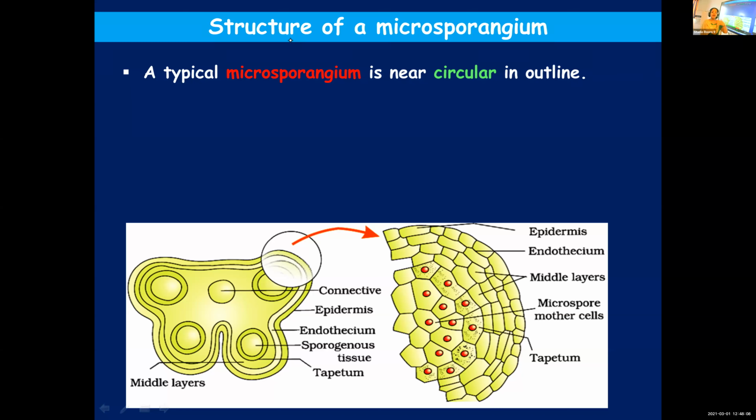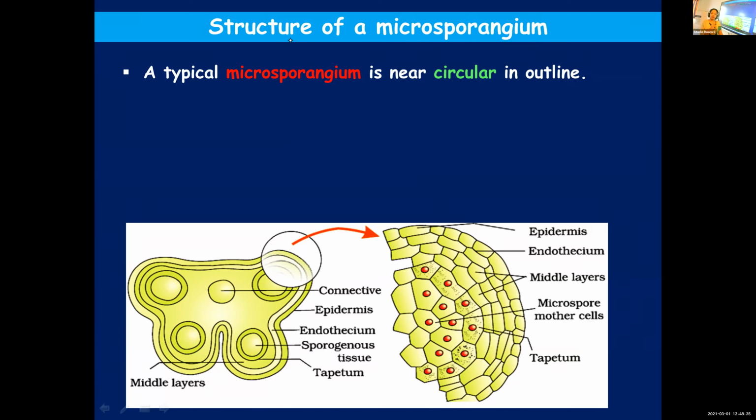Generally, flowers have anthers with two lobes. If you take a transverse section, same as a cross section of the anther, you will find a tetragonal structure having four microsporangia at the corners. And these microsporangia will develop into pollen sacs.